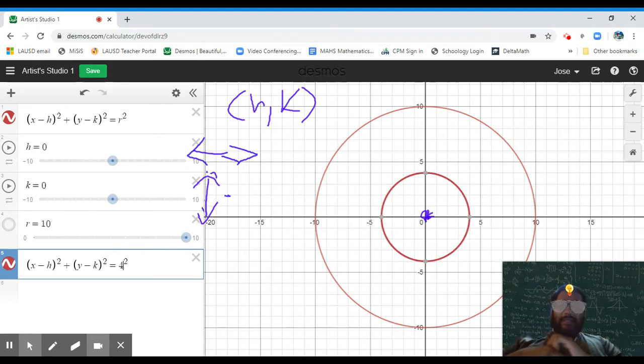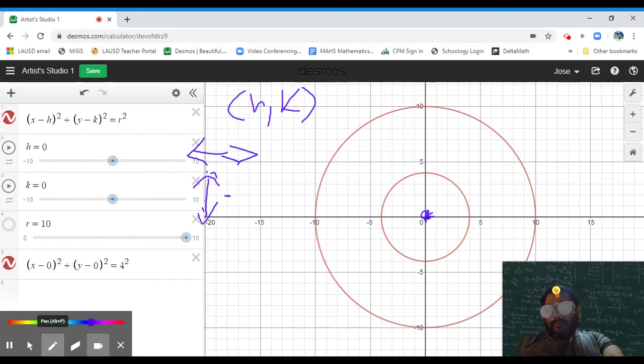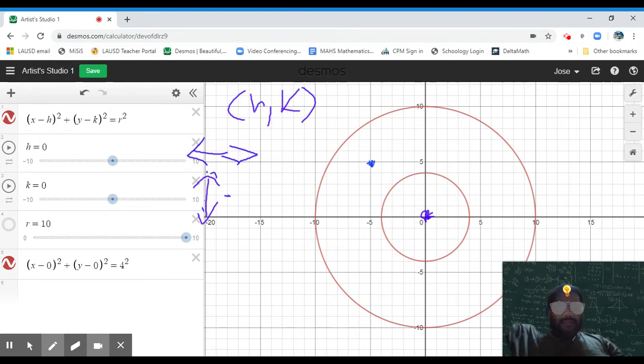So all of a sudden, K and H are at 0 and 0. That's why it's in the center, okay? But I'm going to move it, and you guys are going to see why. I want to move the point to right here, okay?